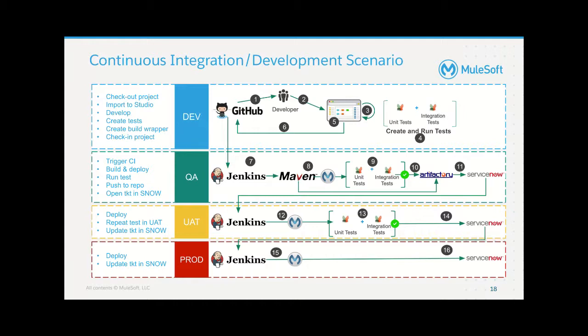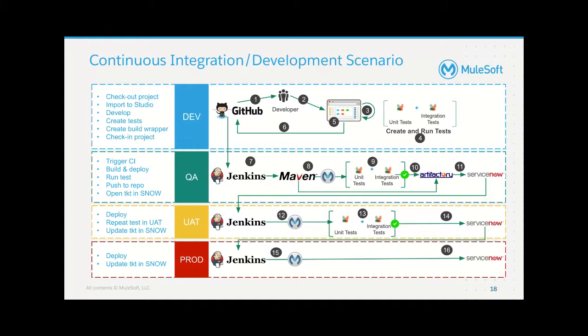If everything goes well, it will create a build and push it into your artifact repository. All right, I'm at step 10 right now. Step 11 is kind of fancy, but really good: once the deployment reaches the repo, it will open a ticket in ServiceNow.